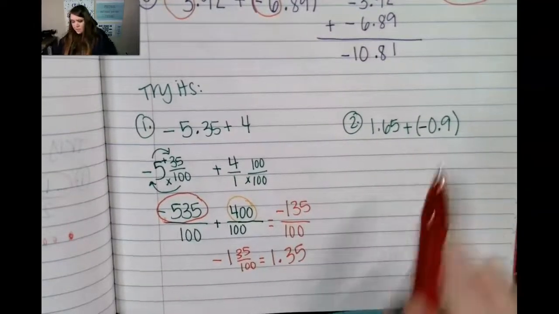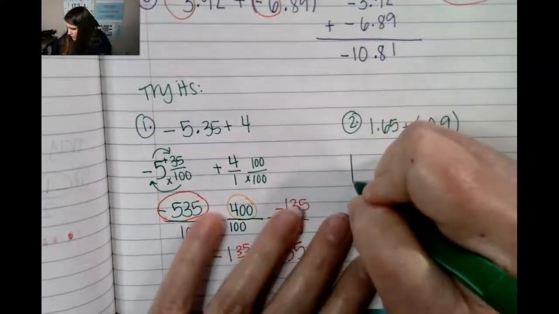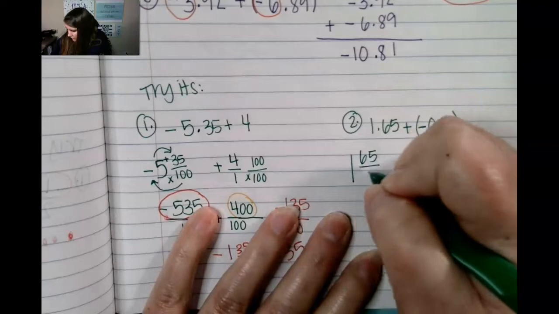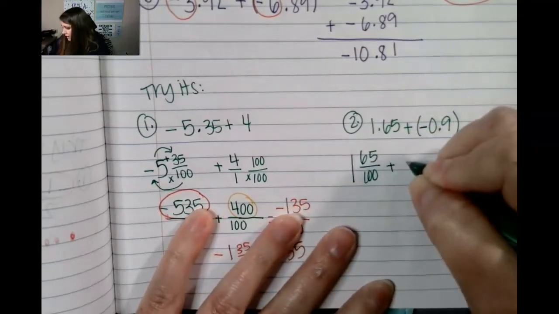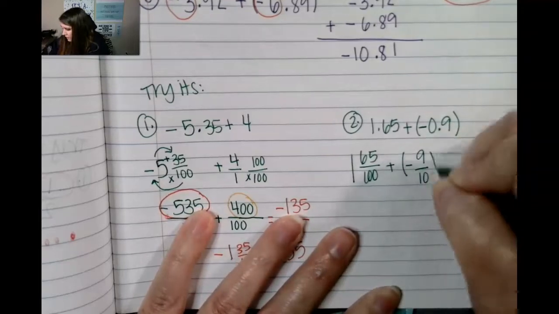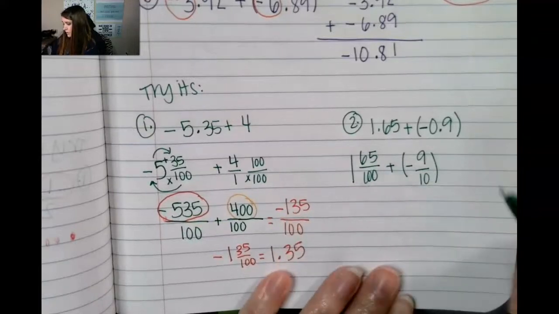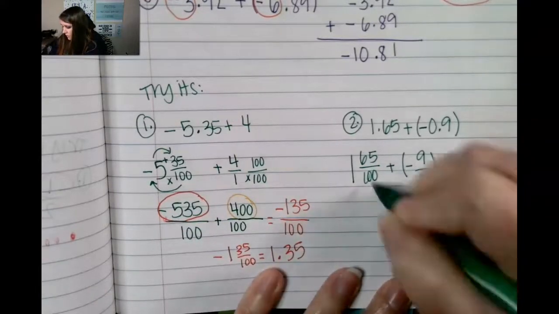On to this problem. So on this problem, I have 1 65/100. Plus, I have a -9/10. I can convert. We're going to multiply this one by 10/10 to get it to be 100.